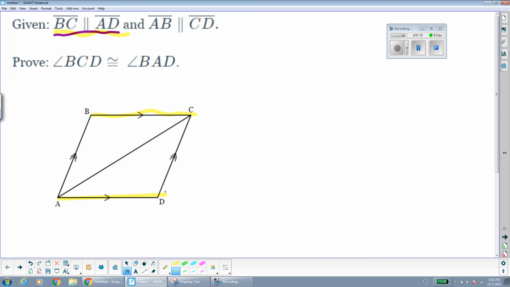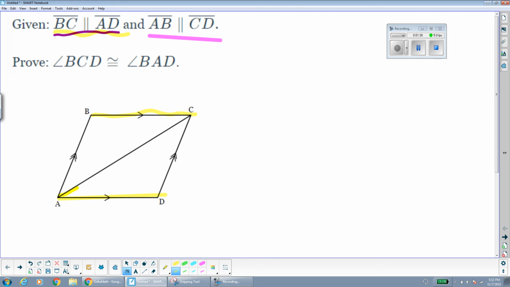And they also tell us that AB is parallel to CD. And our ultimate goal is to prove that angle BCD, so this angle over here, is congruent to angle BAD, this angle over here. Before we take a look at the second pair of parallel lines, AB and CD, let's just stick with this first pair for now.